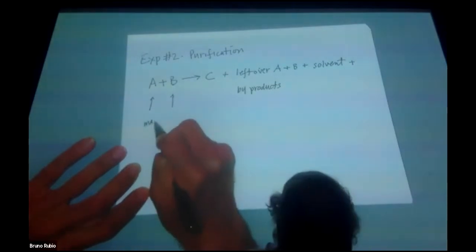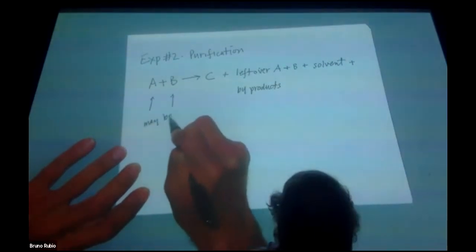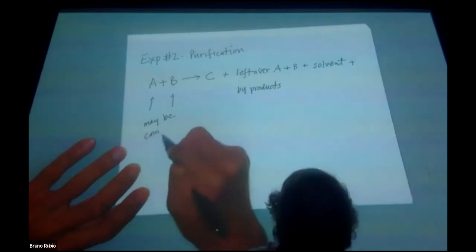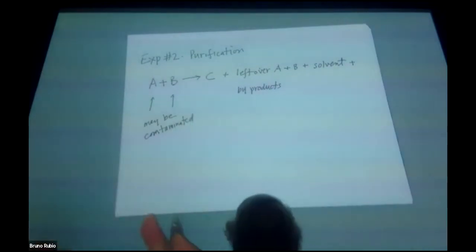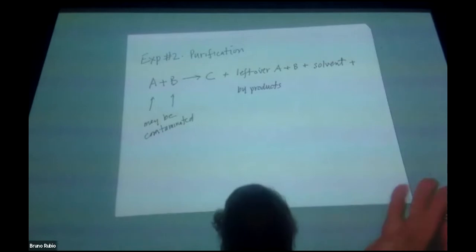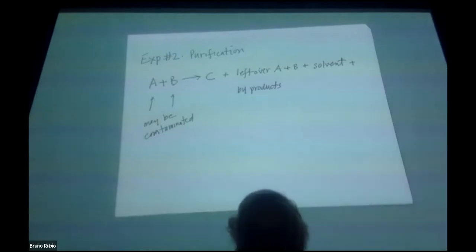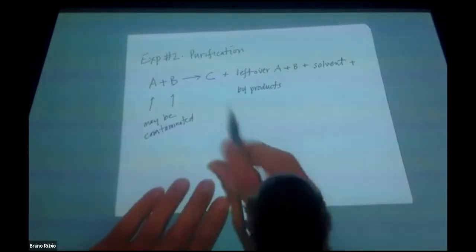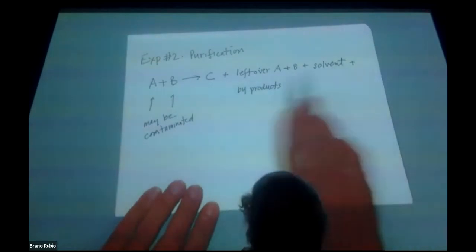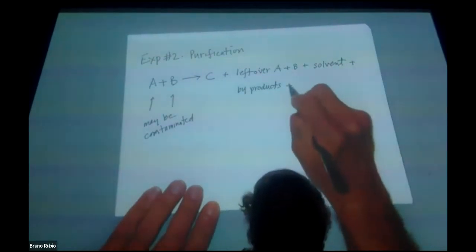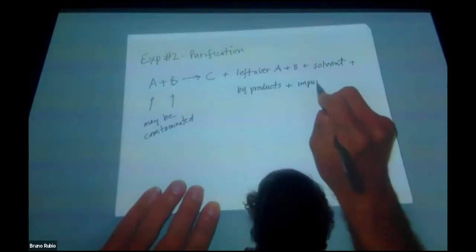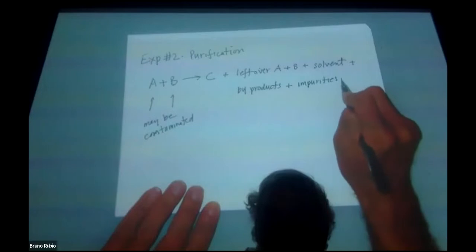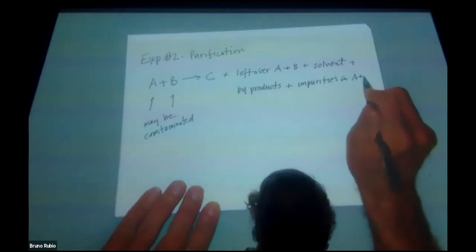These may be contaminated already, may have had some kind of contamination in there at the start of the experiment. So we're going to get C, leftover A, B, solvent, byproducts, and maybe some of the impurities in A and B.